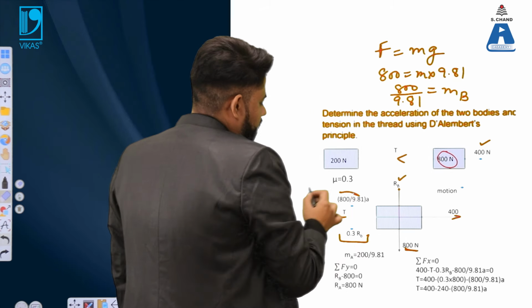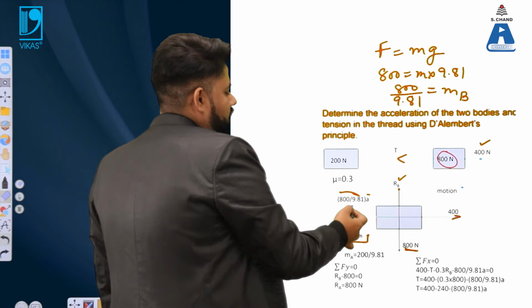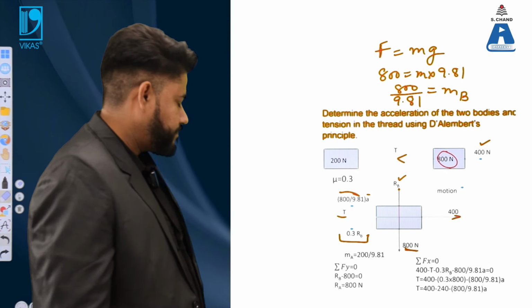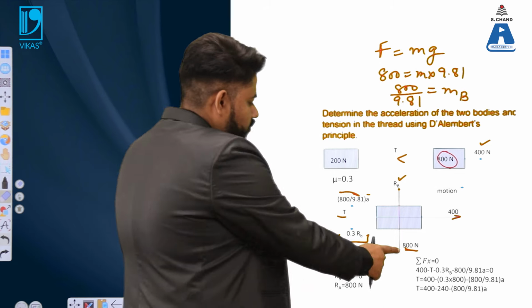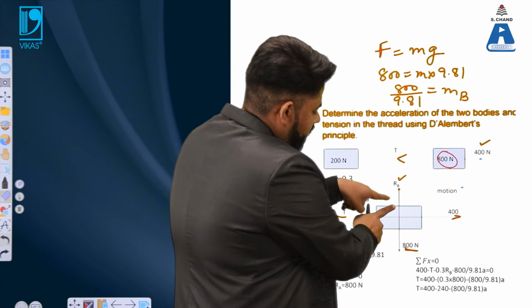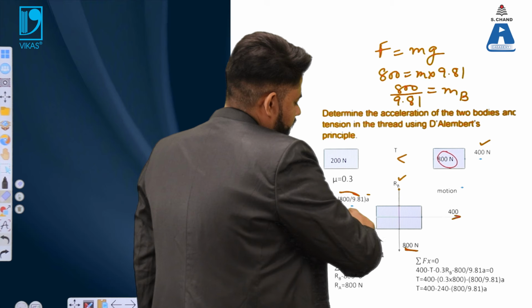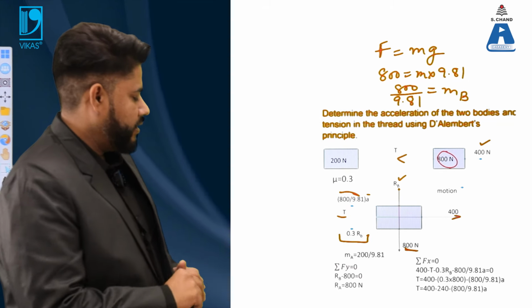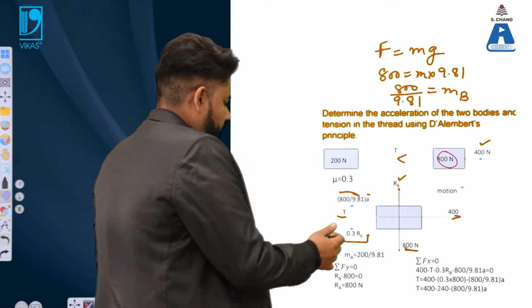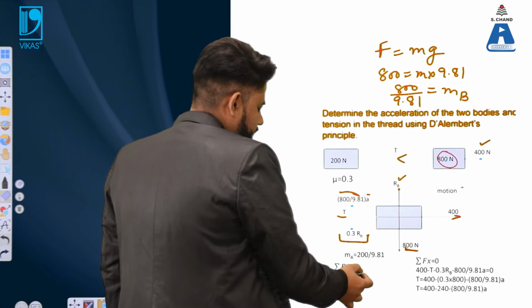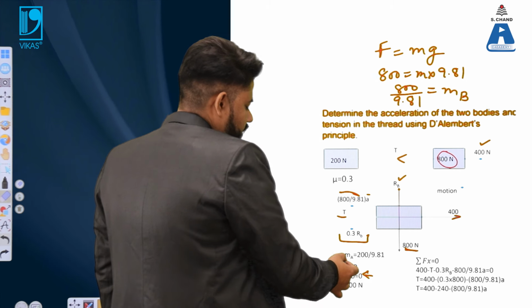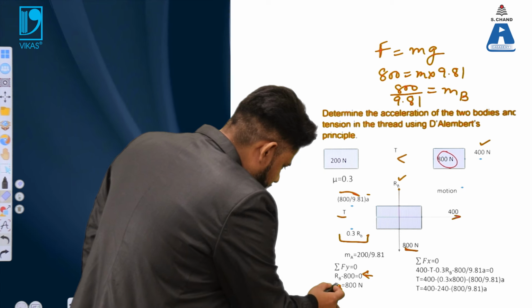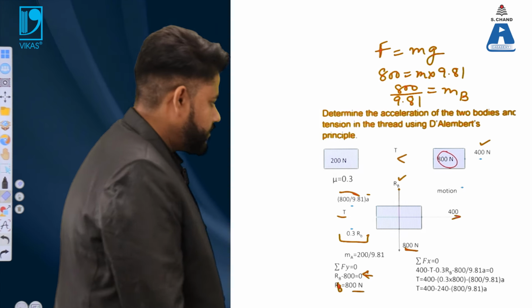This mass multiplied by the acceleration will be the opposite force offered by body B. Herein you have two forces in the y direction, and a number of forces in the x direction. So, we need to balance the forces so that the equation comes into the picture. Rb minus 800 is the summation of all the forces in the y direction. So, from there Rb comes out to be 800 Newtons.